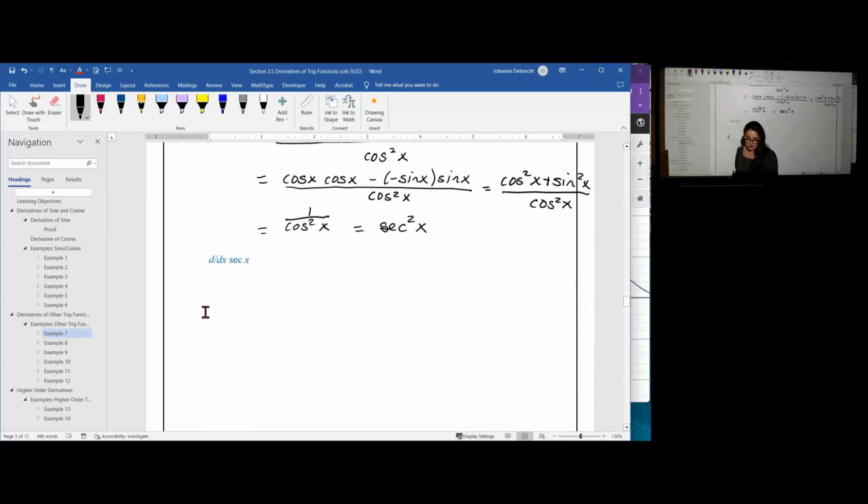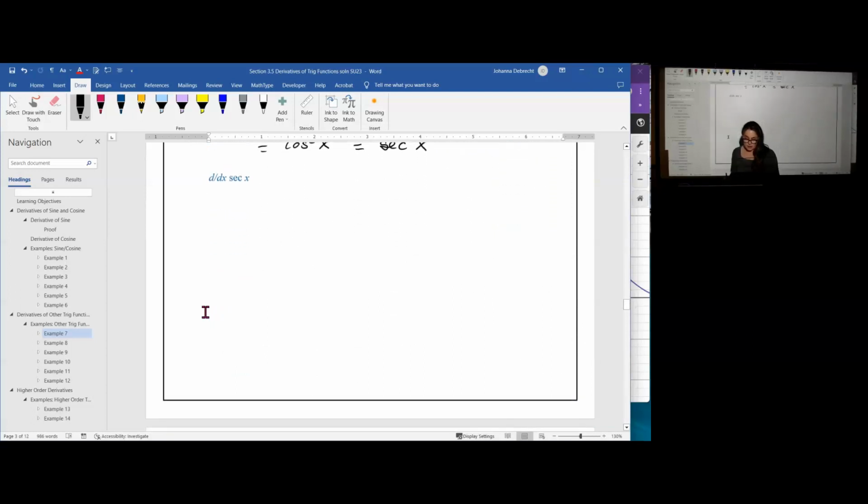Let's now find the derivative of secant. First, we need to define what secant is. Secant of x is equal to the reciprocal of cosine of x. Now that we have the reciprocal, we can apply this by taking the quotient rule.